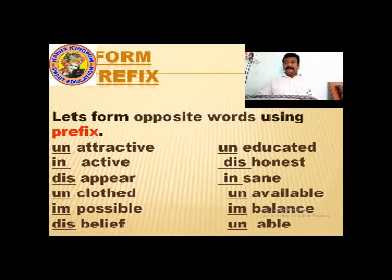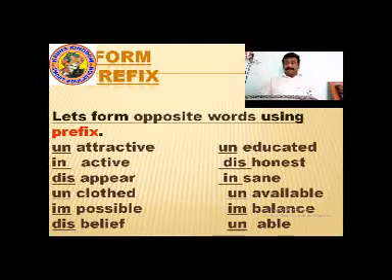How do we form its opposite using a prefix? Here we use UN. Unclothed. Available. To form its opposite, what will we use here? We will use UN. Unavailable.